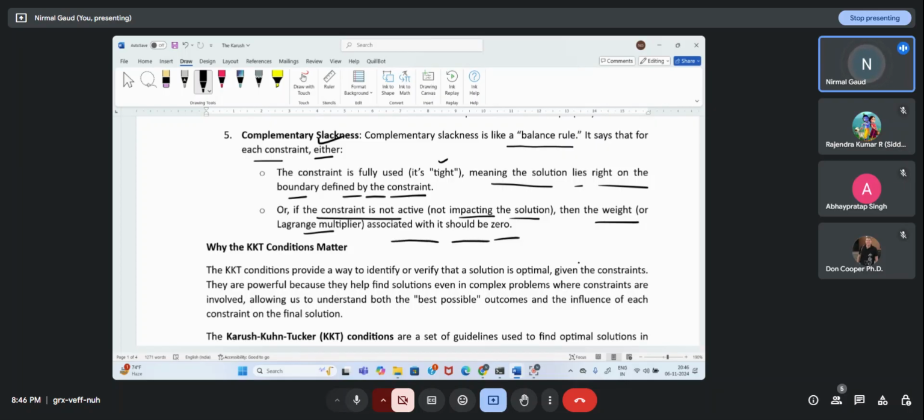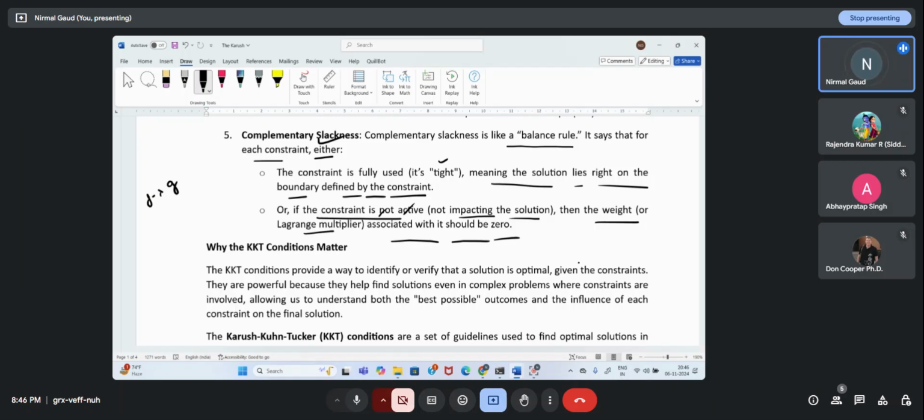Okay, that means it's saying the constraint should impact your objective function, because you are solving the objective function under constraint only. And if it is not impacting, if it is not active, that means your Lagrange multiplier is 0. You are writing now f minus lambda g.